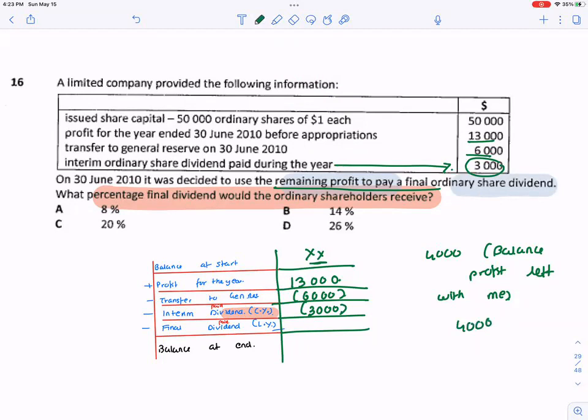So 4,000 is going to be used to pay dividend to 50,000 shares of $1. So how much dividend will each shareholder get? And I will multiply this by 100 so that I know the percentage of final dividend.